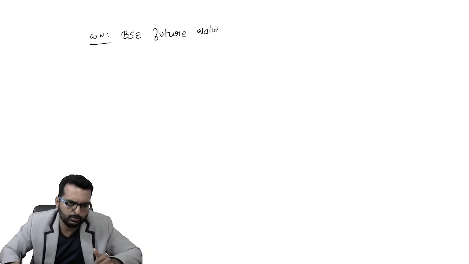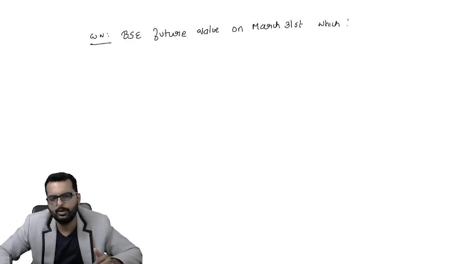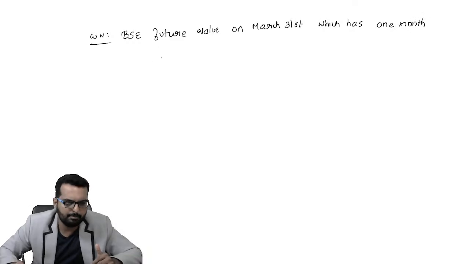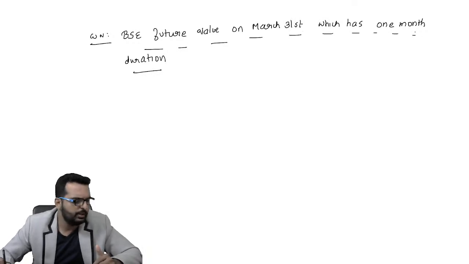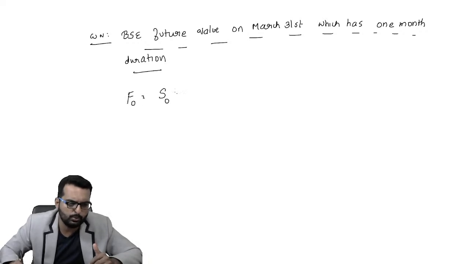BSE future value on March 31st, which has 1 month duration. So when you talk about 1 month duration, the formula over here would be what now? Future price will be equal to S0 into e raised to (R minus Y) into T.